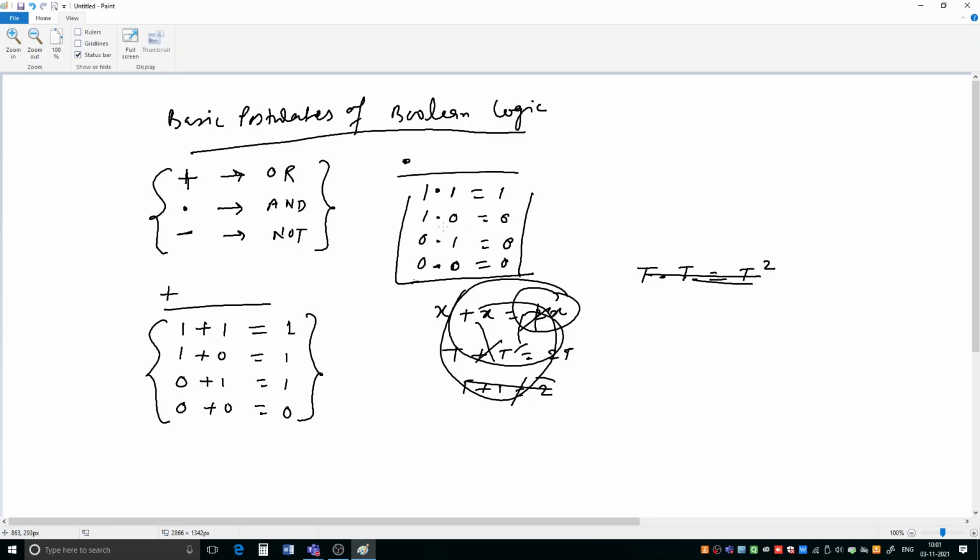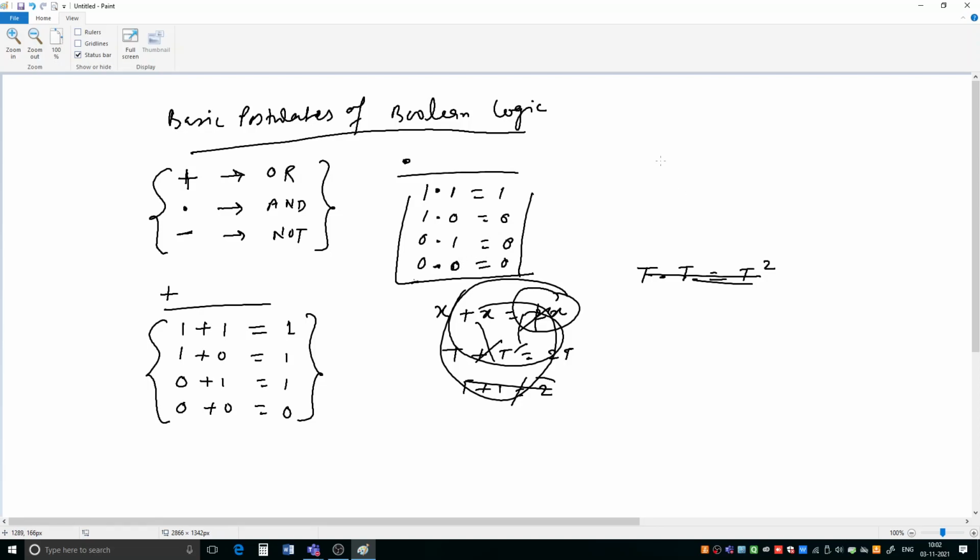These two values can be signals representing voltage, high voltage, low voltage, or they can be Boolean values like true and false. True and true will always be true, true and false will always be false, false and true will always be false. In this way you have to think.